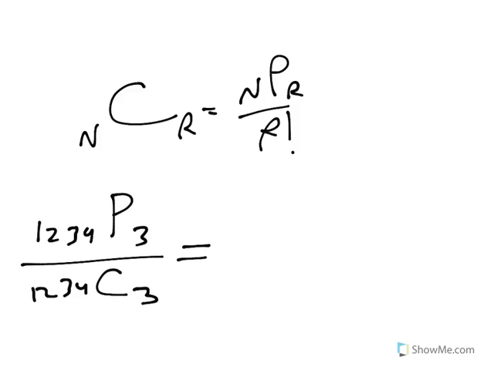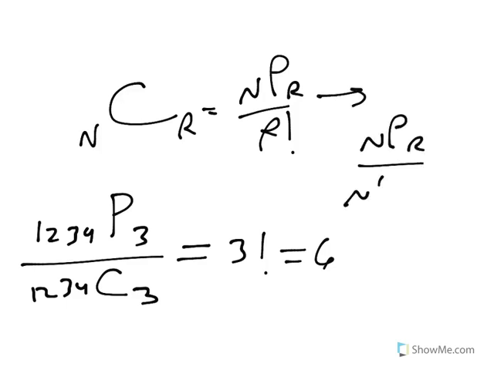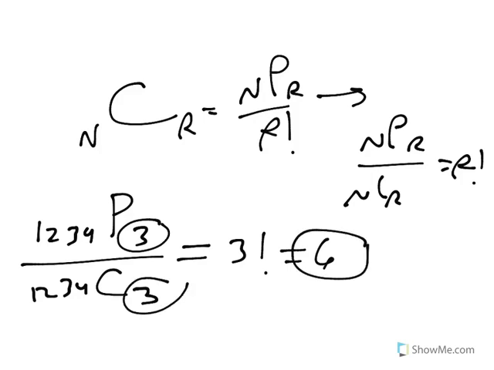And the answer is going to end up being 3 factorial, which is 6, because if I rearrange this formula, it would turn into NPR over NCR equals R factorial. So basically there are 3 factorial times as many permutations as there are combinations. So if I divide them, I should get 6. Okay, that's going to do it for this video.